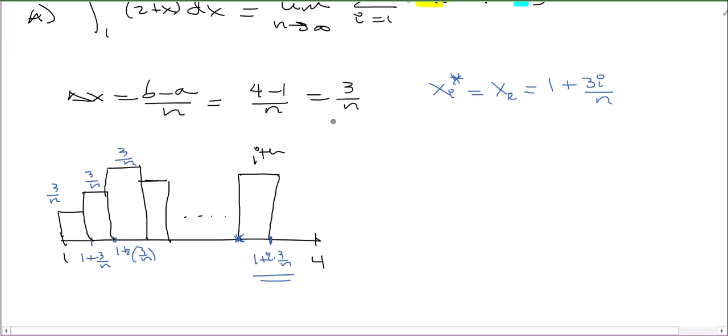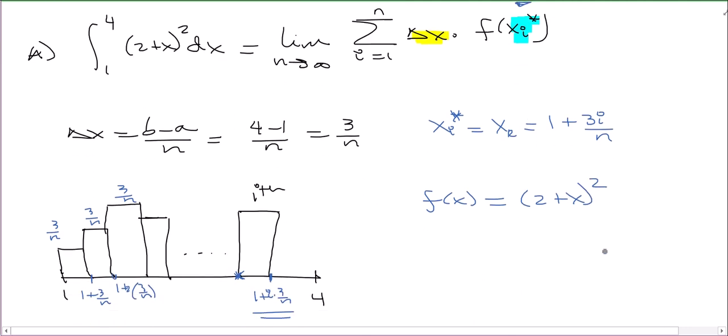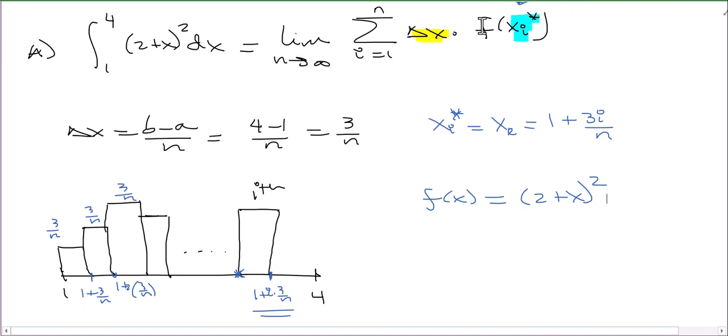And so now, what's our function? We have our delta x, we have our x of i star, so we need f of x. f of x is 2 plus x quantity squared. So now we're ready to plug it into the Riemann sum.